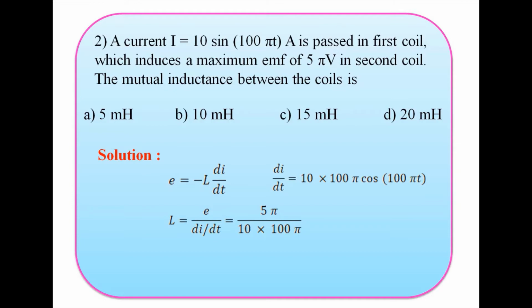Putting the values as per the given objective condition, capital L equals 5 pi divided by 10 into 100 pi. Solving this, L equals 5 into 10 raised to minus 3 henry. That means 5 millihenry. So here option A is correct. Let's see the next objective.